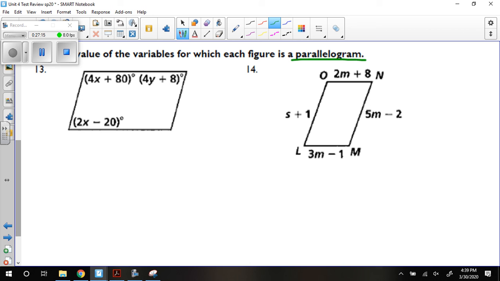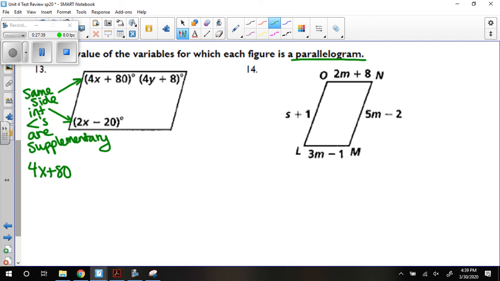Okay, first thing, if I look at these two angles that both have an X in them, these are same side interior angles, and they are supplementary, which means they add up to 180 degrees. So my equation is going to be 4x plus 80 plus 2x minus 20 equals 180 degrees.